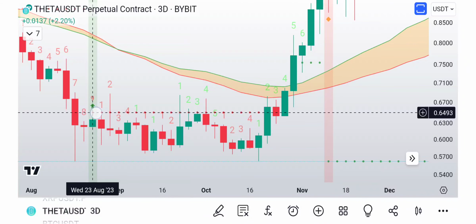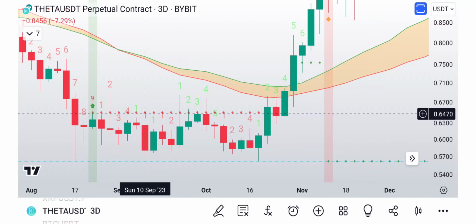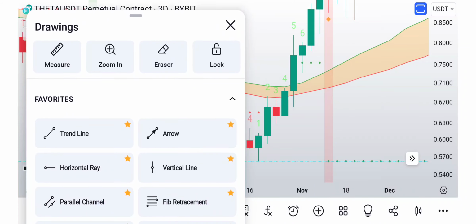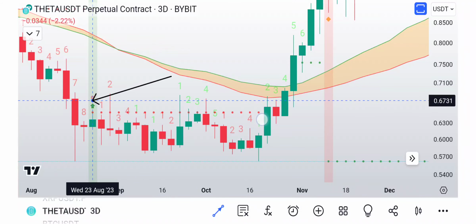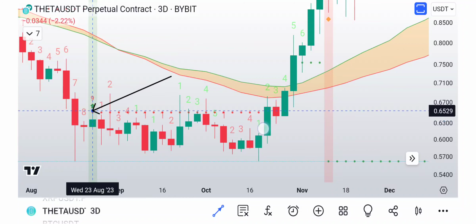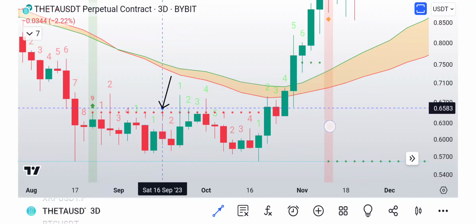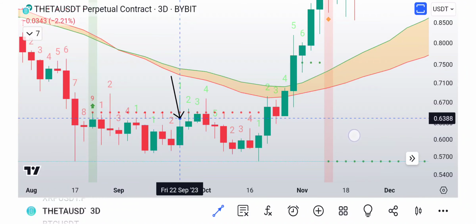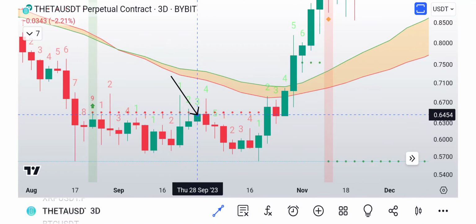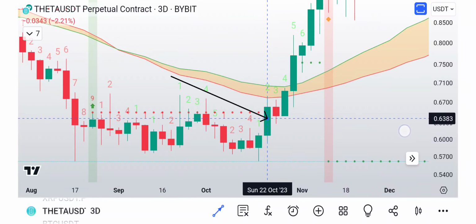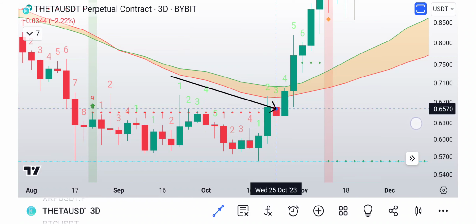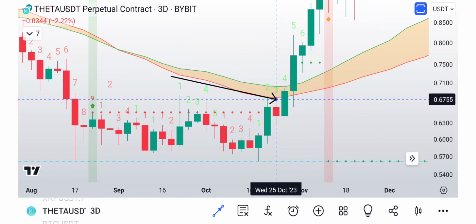So you can see this 9 printed these red dots, and what's interesting is the fact that this candle printed these red dots here, the red dots acted as resistance, and as soon as we broke out of them, that's when it really started to accelerate.